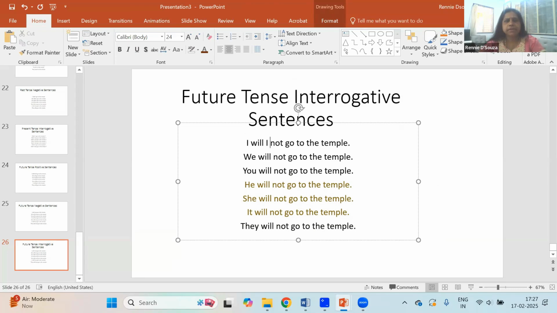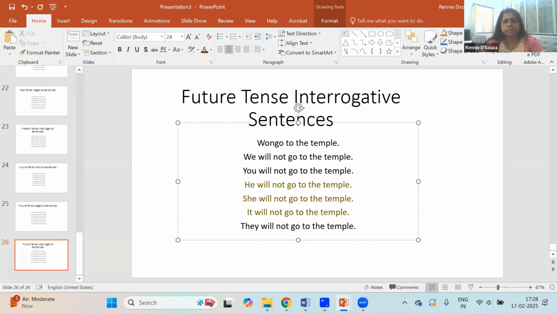Again, the helping verb here, will, for future tense will come at the first point. And I, that is noun or pronoun, will come as the second part, the subject, right? So, will I or won't I?